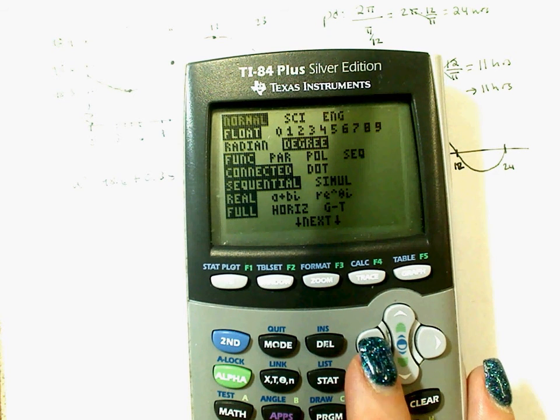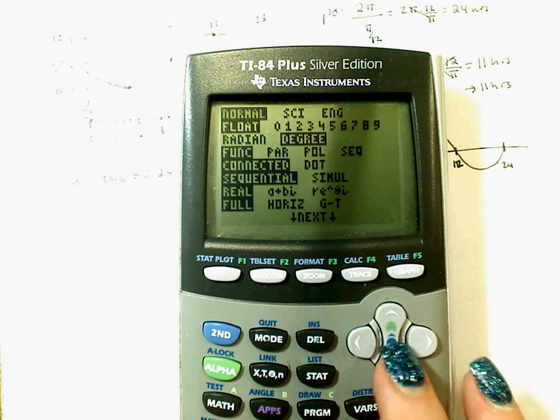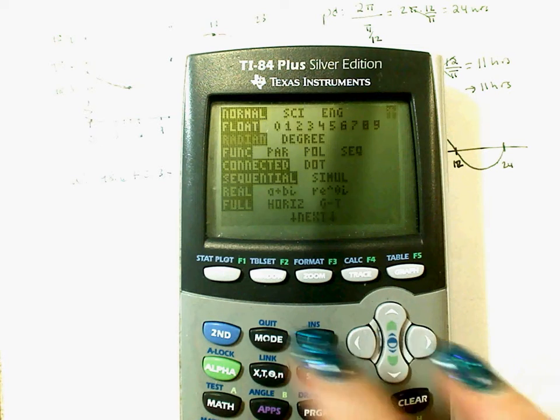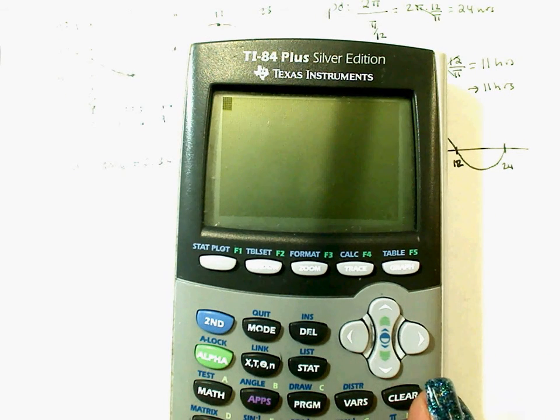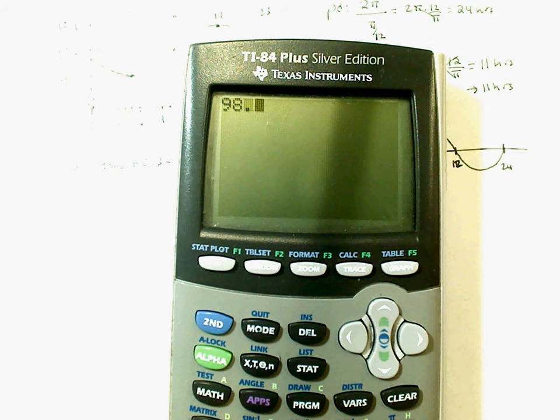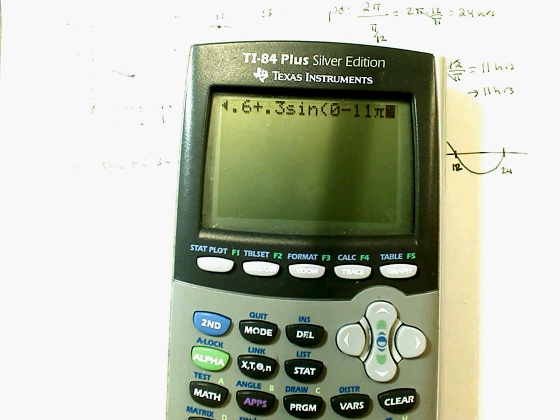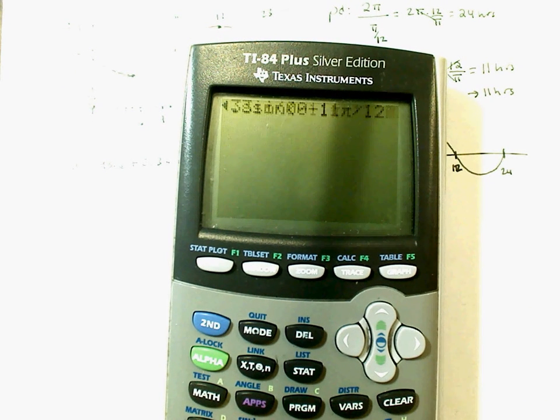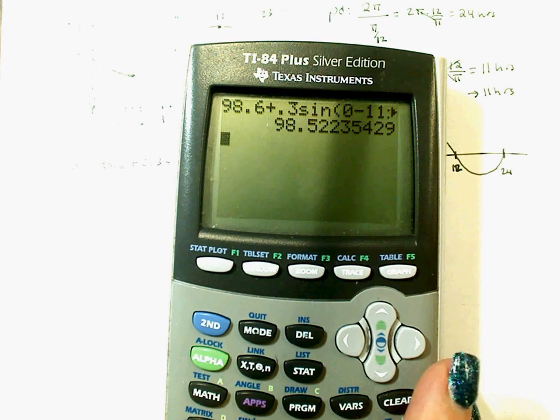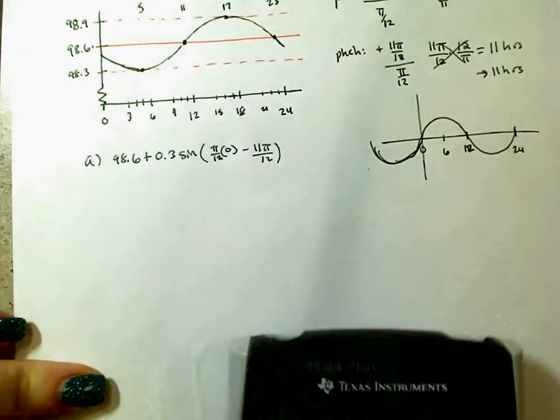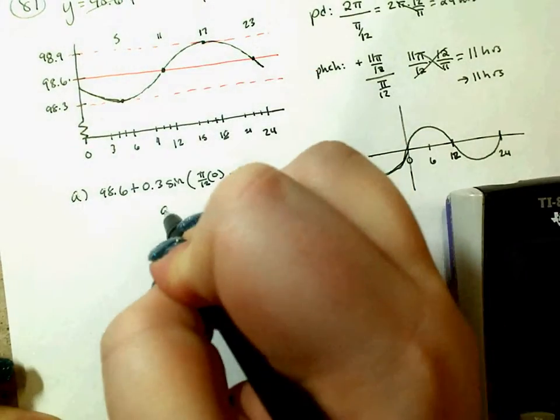Okay, so 98.6 plus 0.3 sine of 0, right? Because it's pi over 12 times 0 minus 11 pi over 12. And you get 98.522 degrees.